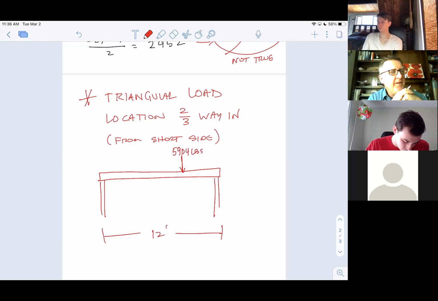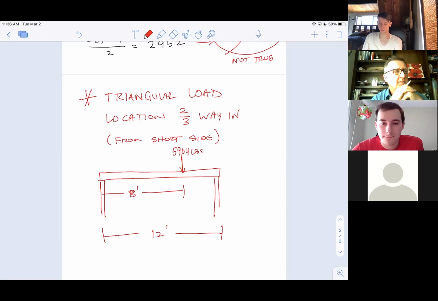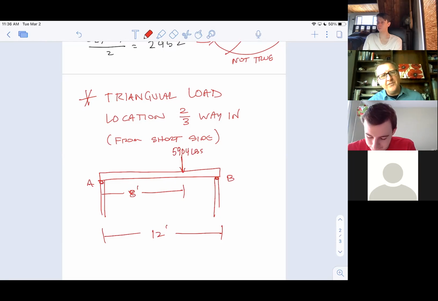That's very terrifying, but we've now located it to be right there, 8 feet in from this side, 2/3 of the way in. Now, what's really cool about this, does this make sense? We can come back now and find the reactions at the 2 points on the end. In other words, if this is point A over here and this is point B, does it make sense we could find the reactions of those 2 points, which you would need to do?